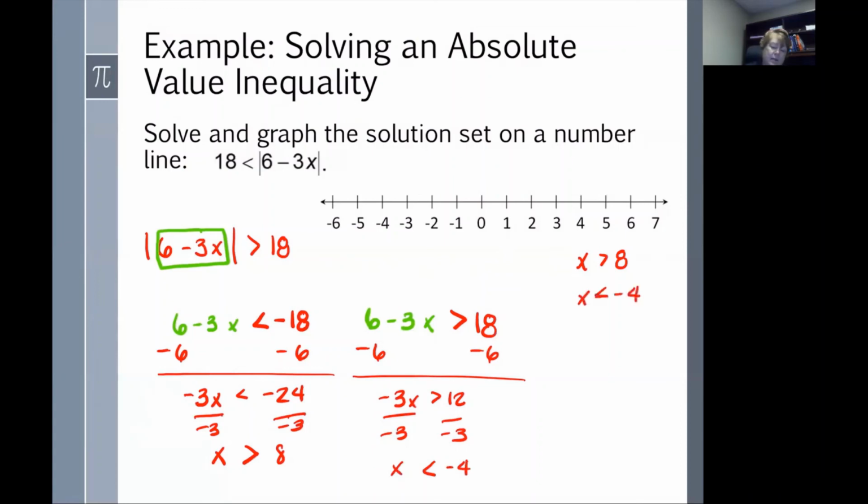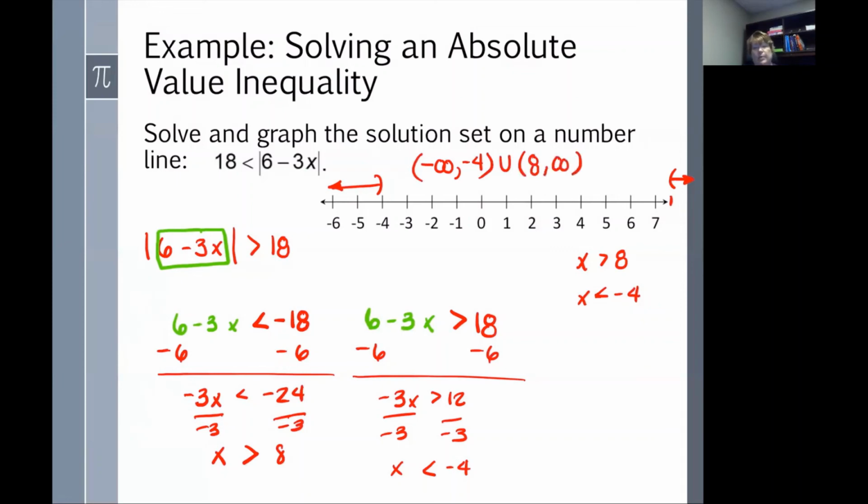Okay, if I draw this on the number line, it's everything to the right of 8 and everything to the left of negative 4. So in interval notation, that would be from negative infinity to negative 4, unioned with from 8 to infinity.